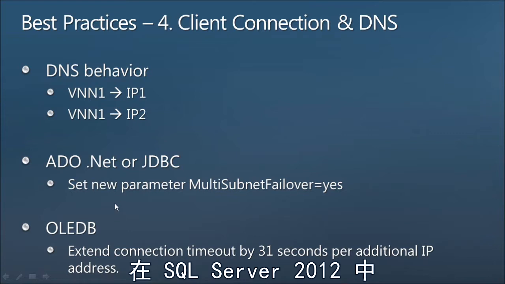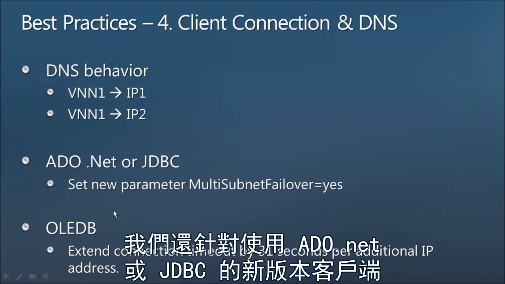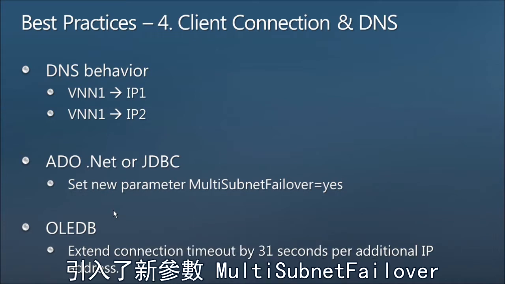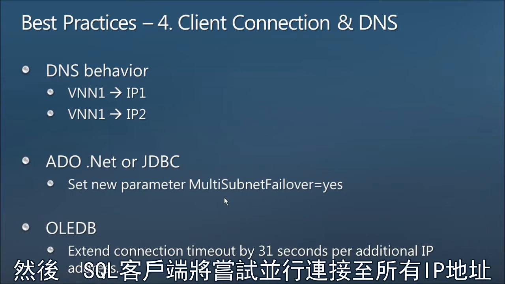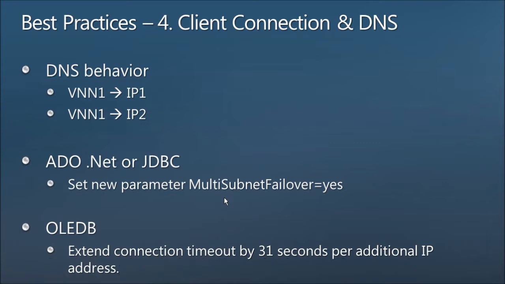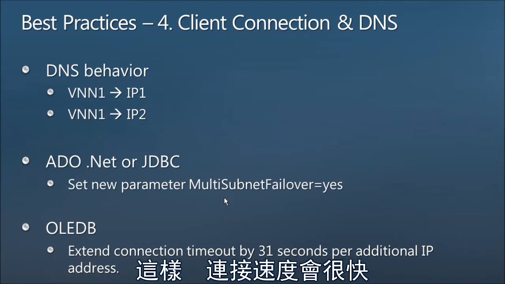So for your newer client, use ADO.NET or JDBC. There's a new parameter introduced in SQL Server 2012, which is multi-subnet failover. So you should choose multi-subnet failover equals yes. Then SQL client will try to connect to all the IP addresses in parallel, which can make your connection very fast.